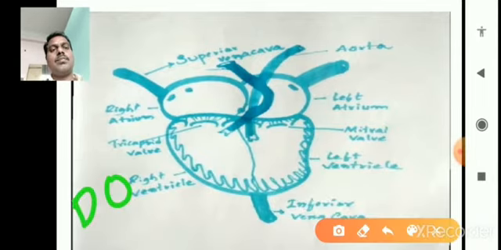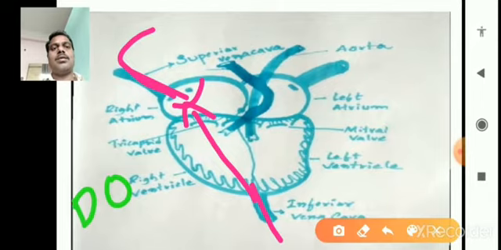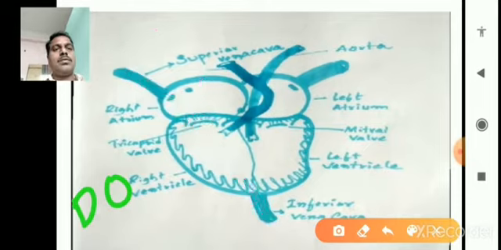The deoxygenated blood is transferred into the right atrium, and at the same time the superior vena cava collects deoxygenated blood into the right atrium. So the right atrium is filled with deoxygenated blood.